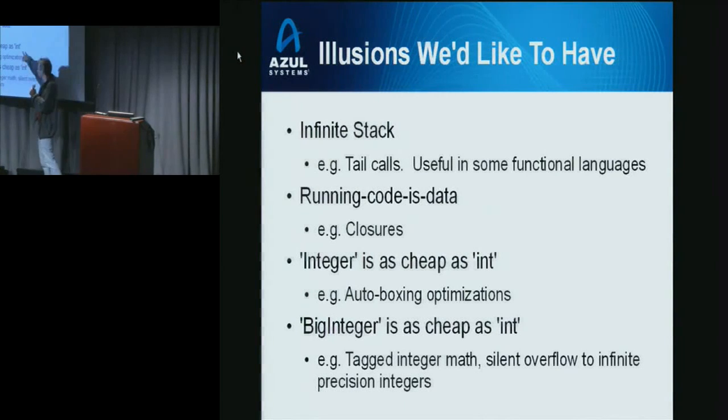Capital I Integer is as cheap as lowercase int. That's useful for, again, some of these functional languages which like you to take primitive ints and let you throw virtual calls on them, which turns into autoboxing. In javac, if you use a capital I Integer to get started, and then you do lowercase int-like things like for i equals 0, i less than n, i plus plus, well, the i plus plus turns it into autoboxing.